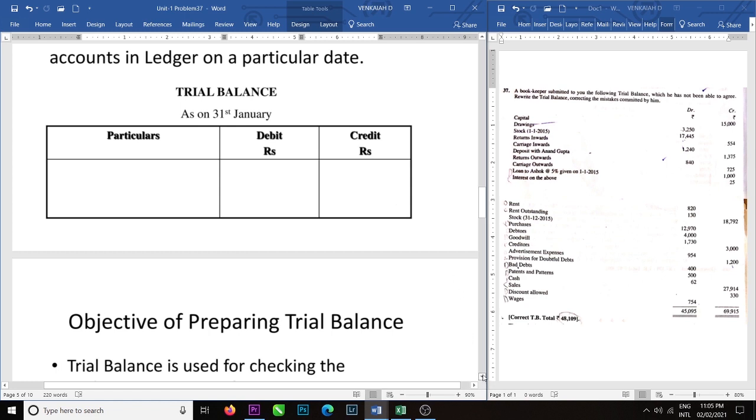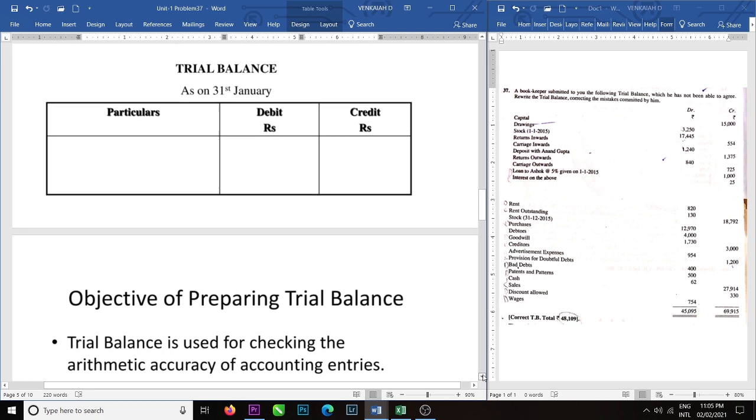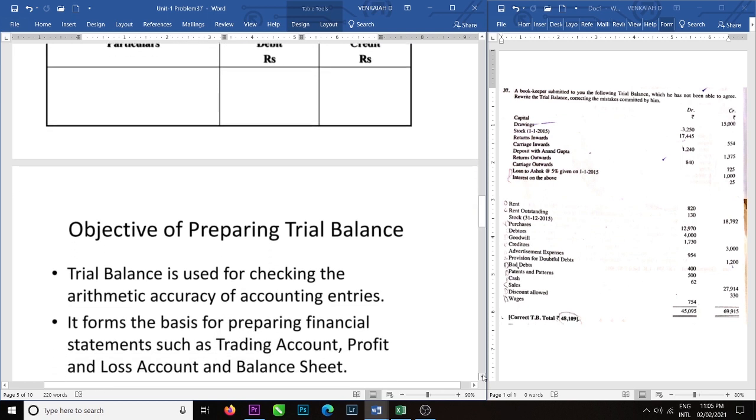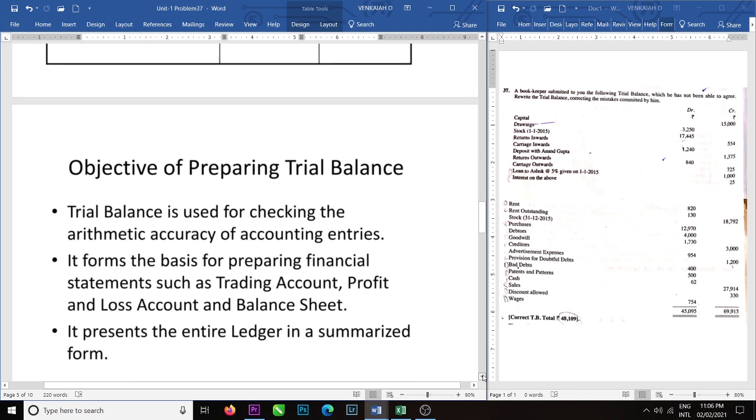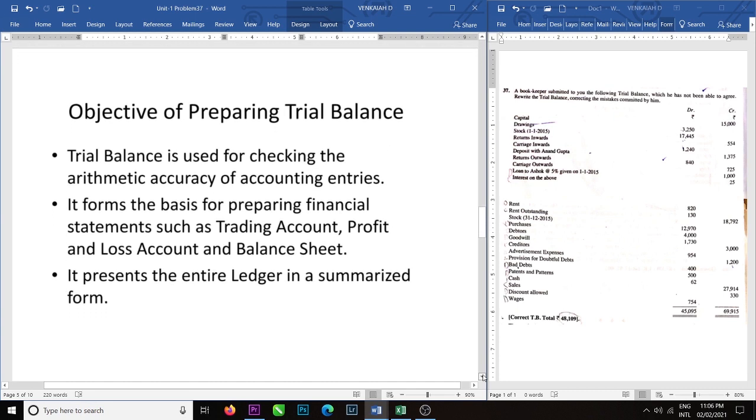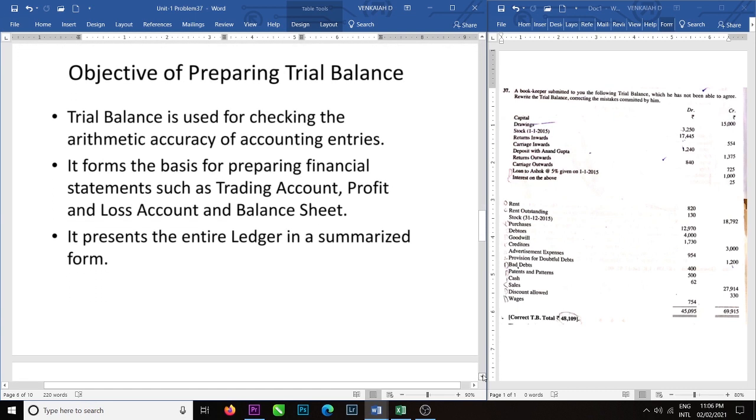The main objective of preparation of trial balance is to know the arithmetic accuracy. At a particular point of time, debit amount should be equal to credit amount because we are following double entry system. Whatever the amount we are writing in debit, the same amount we are writing in credit.